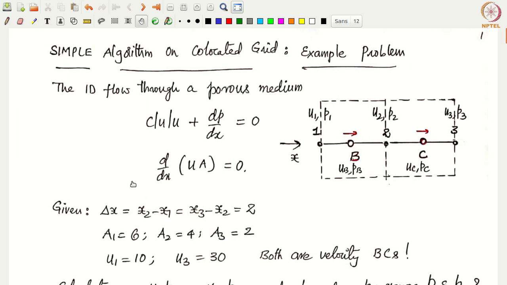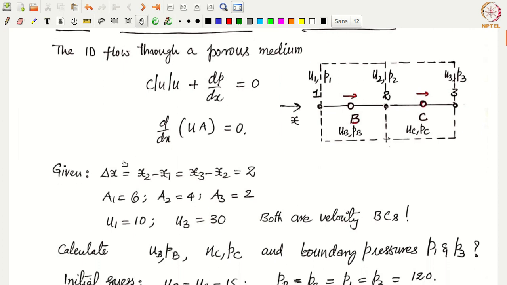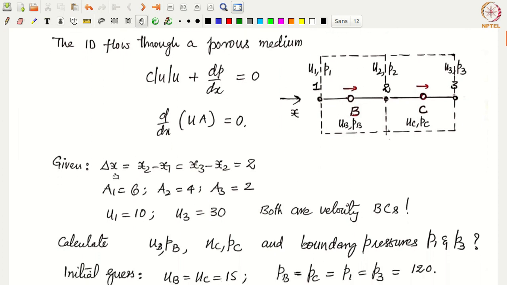The other variables given in the problem are the grid spacing, x2 minus x1 equals x3 minus x2 equals delta x, which is 2, and the cross-sectional areas at the faces, A1 is 6, A2 is 4 and A3 is 2.